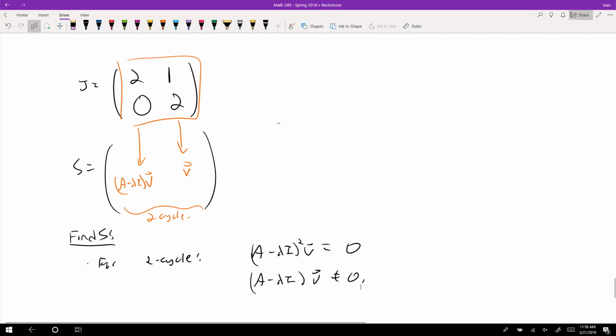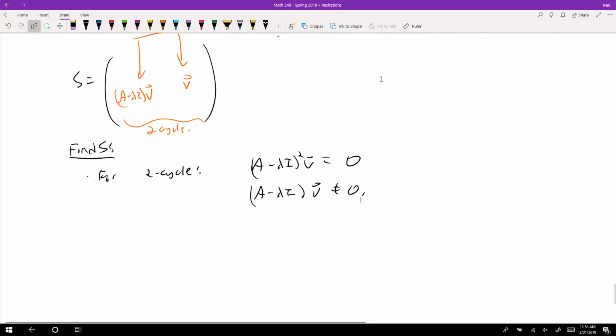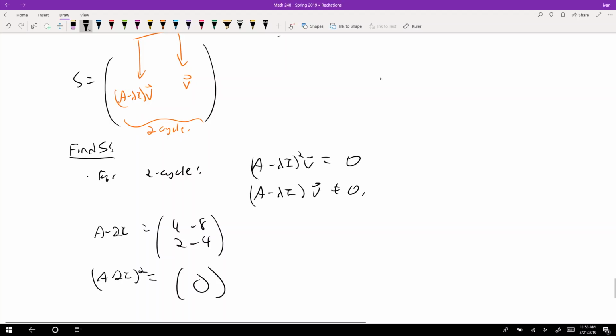So what is A minus lambda I squared? Here's A minus lambda I, which is A minus 2I, equal to 4, negative 8, 2, negative 4, and then A minus 2I squared is actually the 0 matrix.